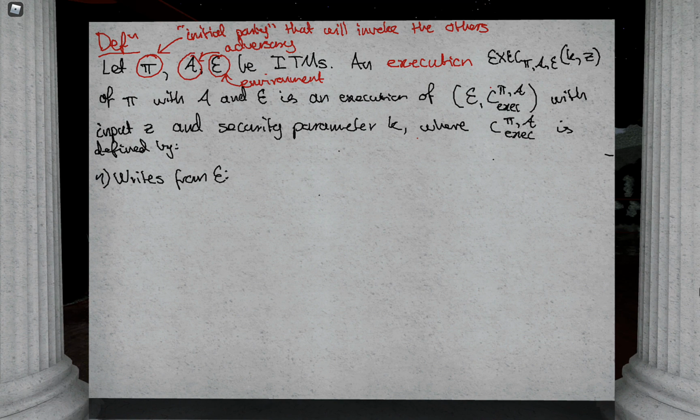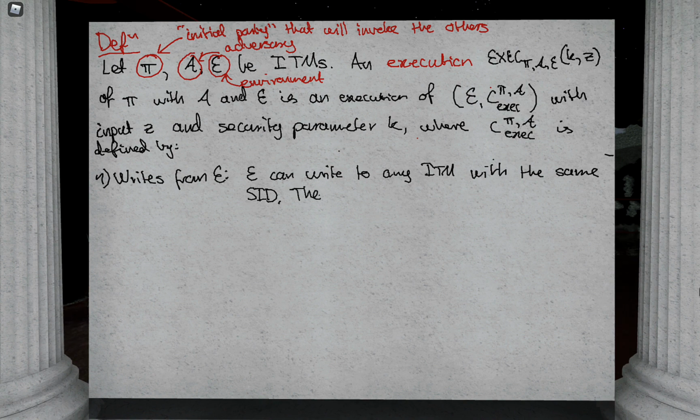We specify what the environment is allowed to do. So E can write to any ITM with the same session ID. So the environment can write to any ITM that's in the same session as it.